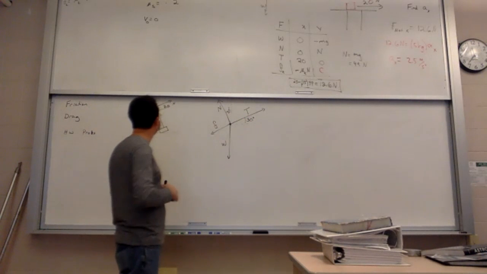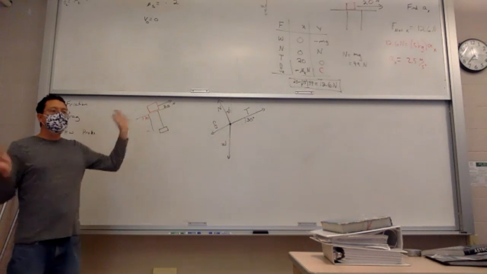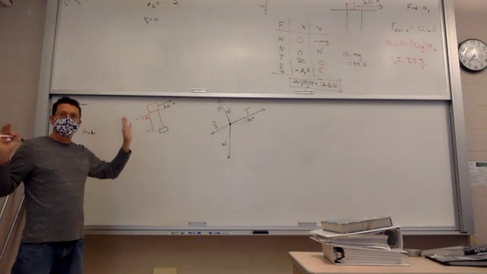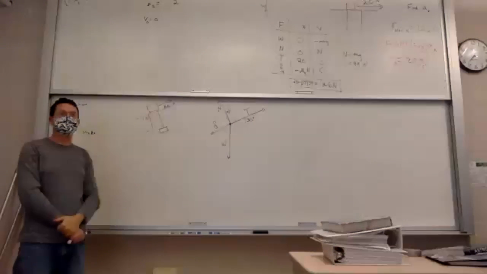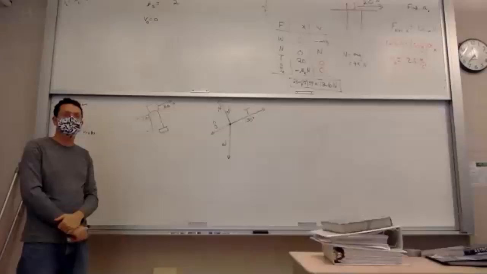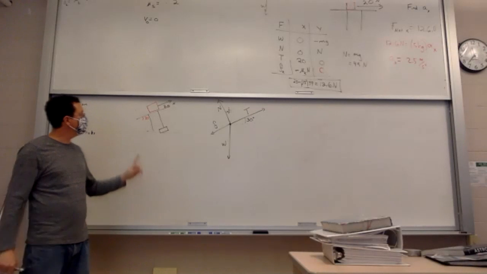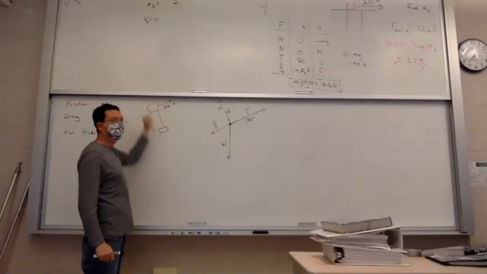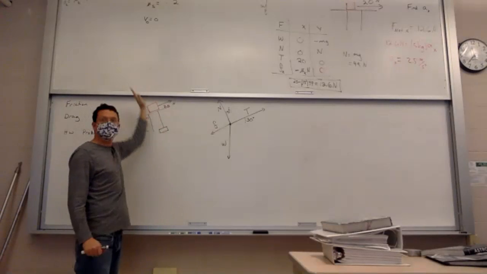Now, if you had no friction and no string, which way would it accelerate? Is the box going to move in this direction, on this kind of diagonal?